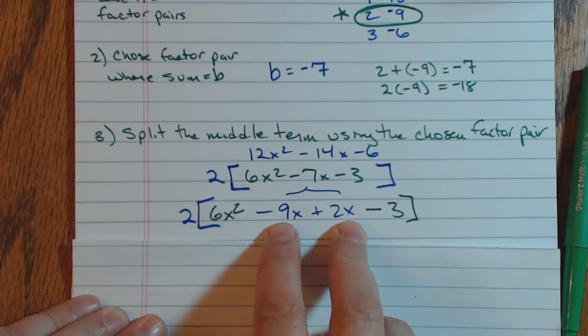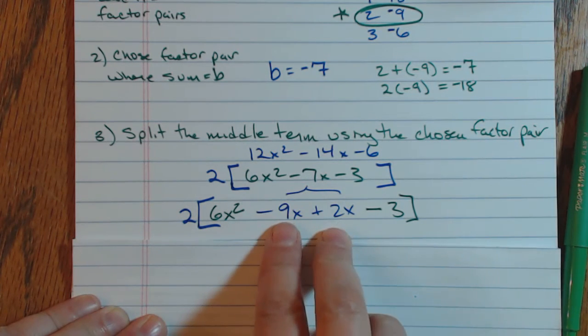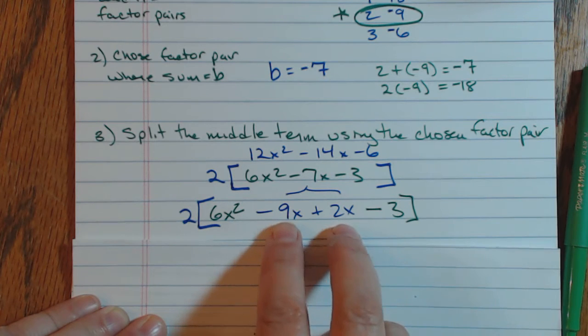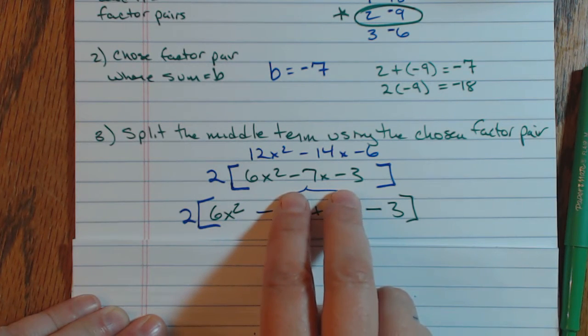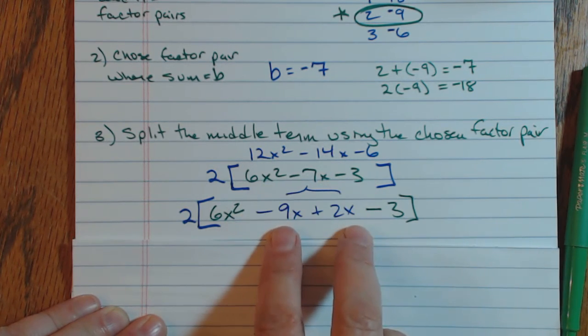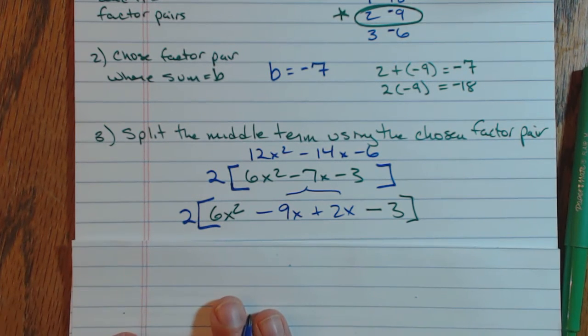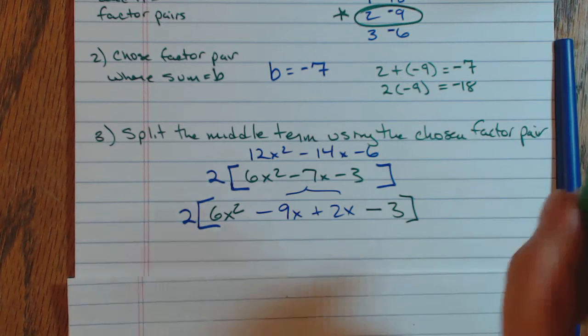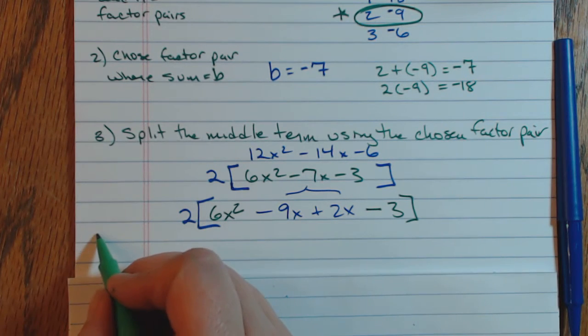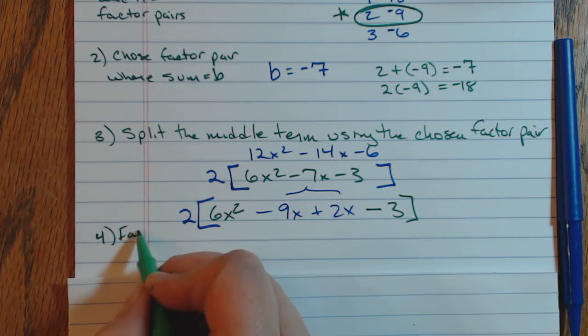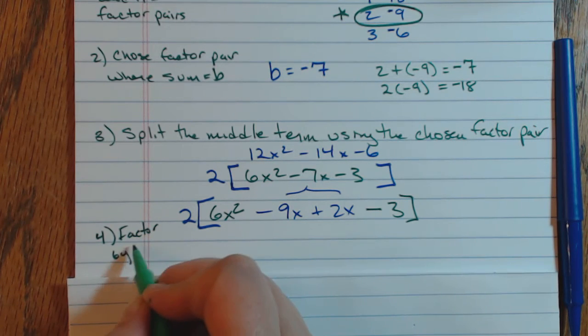Negative 9 plus 2 is negative 7. Make sure that those two terms combine to make what you had before, so these expressions are equivalent. Once I've done that, then I can take my new 4-term polynomial, and I can use factor by grouping.